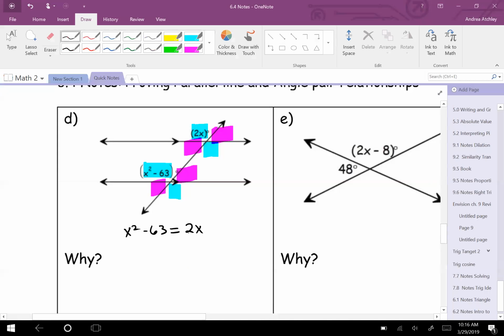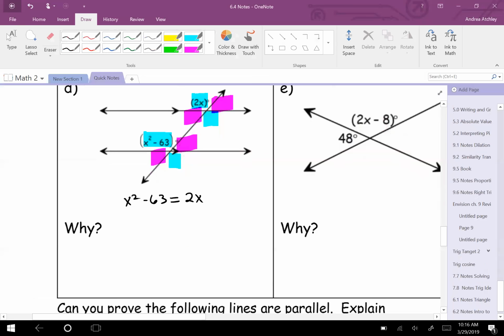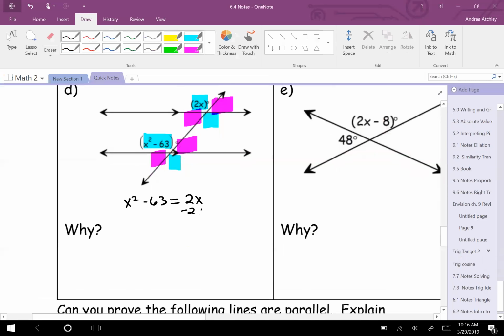Okay, if it has an x squared and an x, then I set it equal to 0. So I'm going to move the 2x over. I'm going to get x squared minus 2x, I'm going to write it in standard form, minus 63 equals 0.